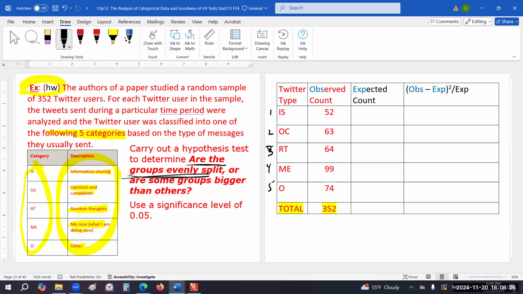Any comments? No comments from anyone? Okay, let me ask you a real life scenario. Let's say you have 5 candies. You want to divide them evenly among 5 people.